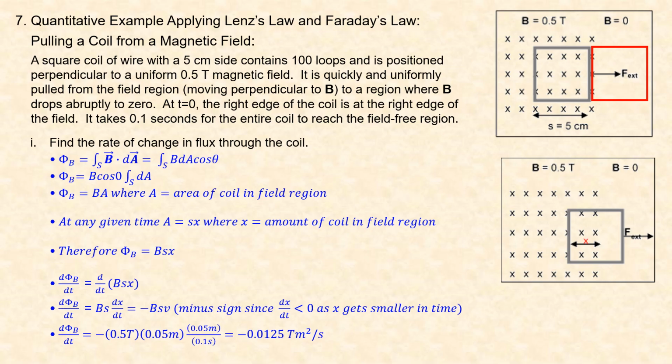And the speed with which the coil is pulled from the region, it is pulled a distance equal to its length, that is 5 centimeters or 0.05 meters, in a time of 0.1 seconds. So that really is the first derivative of X with respect to time. We do the number crunching and we get a value of 0.0125 Tesla meter squared per second for the time rate of change of magnetic flux.